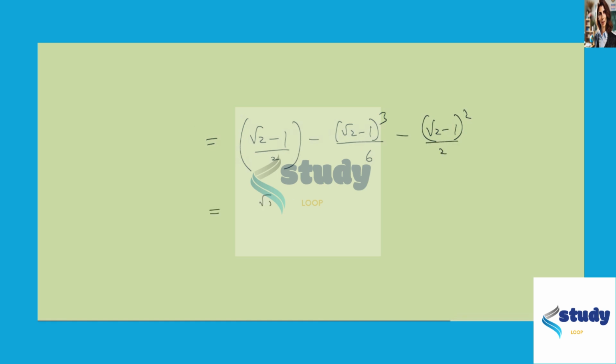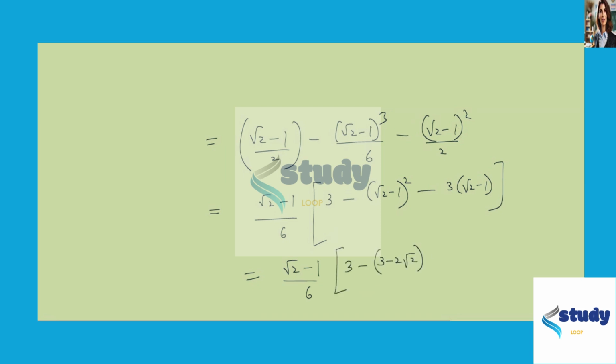We can actually take (root 2 minus 1) by 6 common. Then I'll get 3 minus (root 2 minus 1) whole square minus 3 times (root 2 minus 1), since 6 means 3 times. So this you can simplify as (root 2 minus 1) by 6 into [3 minus (3 minus 2 root 2) minus 3 root 2 plus 3]. So basically you can simplify this as (root 2 minus 1) by 6 into (3 minus root 2).